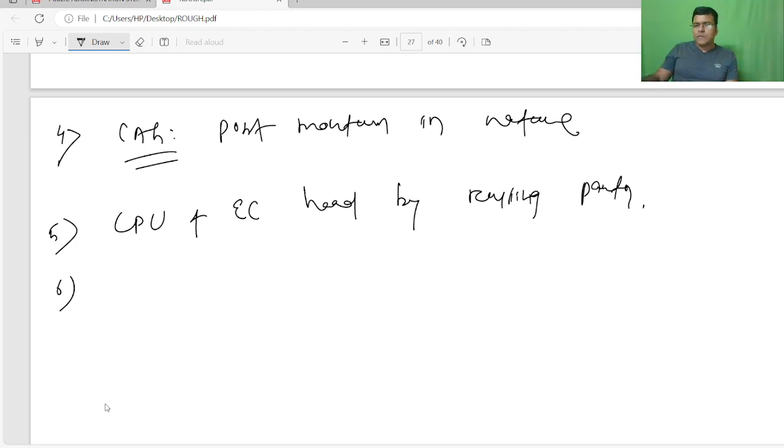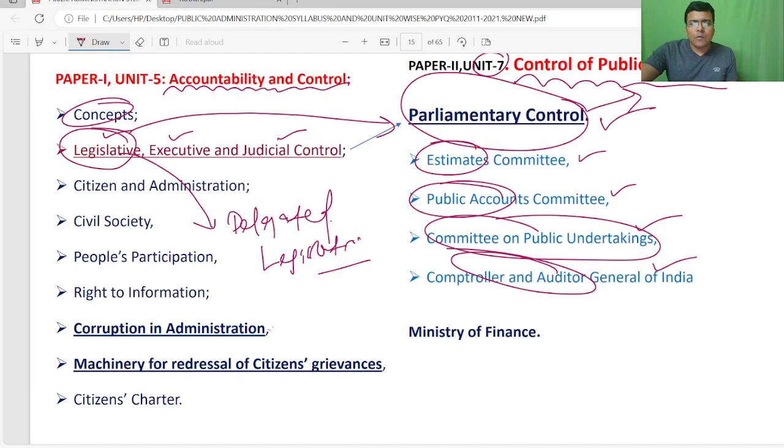These are some limitations faced by Parliament or legislators to make administration accountable. Okay. This is all about legislative control over administration.